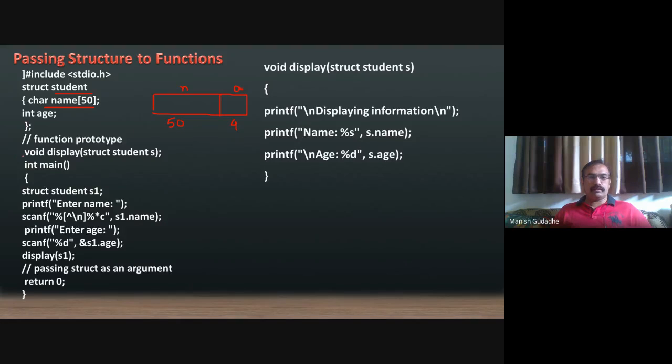So now we are defining a function called display. This display is not returning anything, but is taking a structure variable as the argument. A direct structure variable. That means it is taking a huge size of memory. Let us say it is initialized at 100.